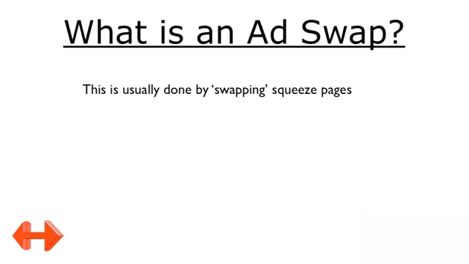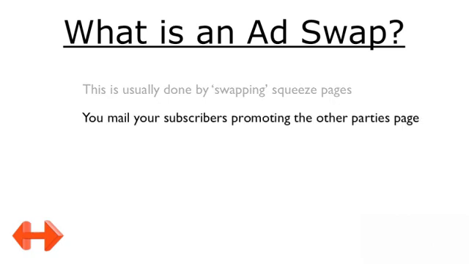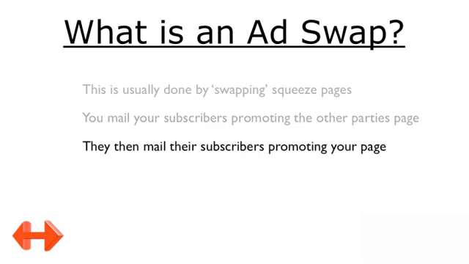Now, this is usually done by simply swapping squeeze pages. A squeeze page is obviously a page where you offer a free gift in exchange for an opt-in. There are other ways of doing ad swaps, but the most common form of an ad swap is done by swapping squeeze pages. So you mail your subscribers promoting the other party's page, and then they mail their subscribers promoting your page.